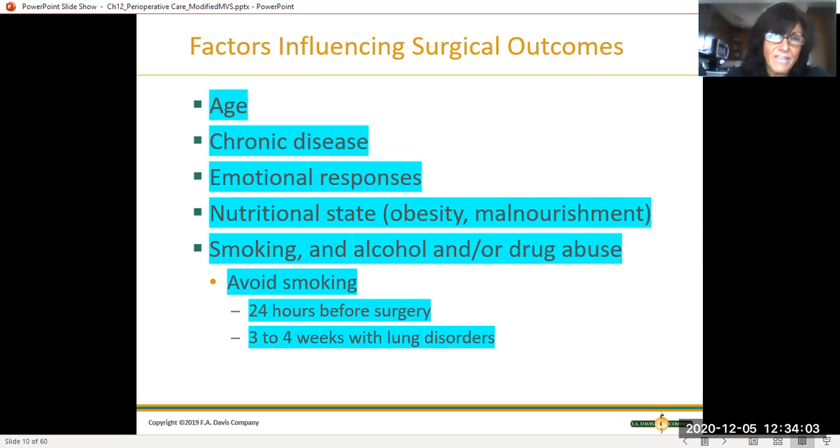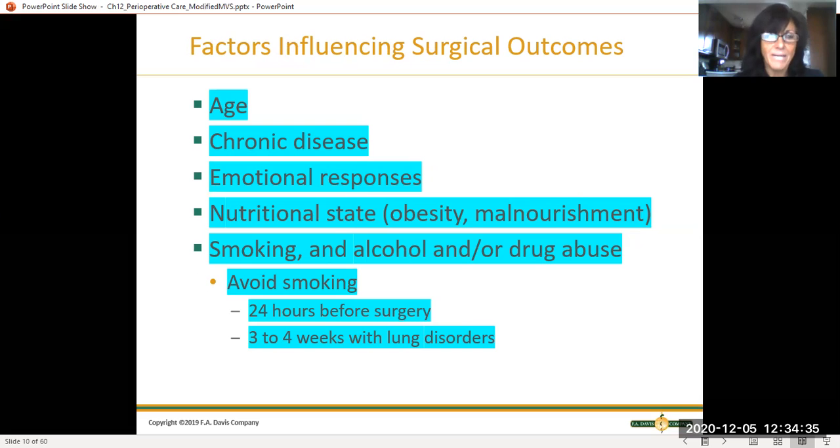When we talk about factors that influence surgical outcomes, if you've ever heard somebody say, oh, she's not a surgical candidate, what does that mean? That means that the risk of surgery is greater than whatever benefit it could possibly do. And so people that have things like chronic diseases, like diabetes mellitus, is a very, very huge negative factor in making decisions about surgery.